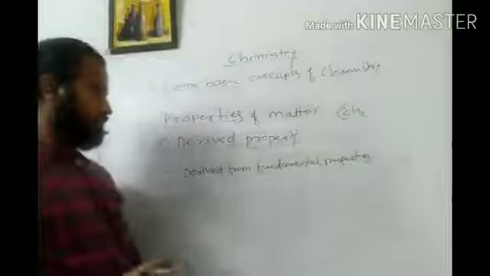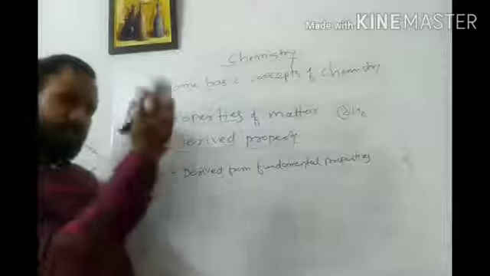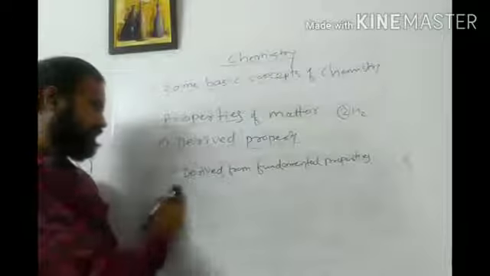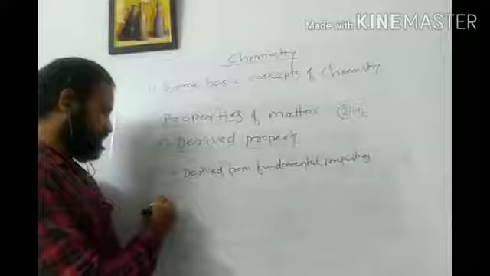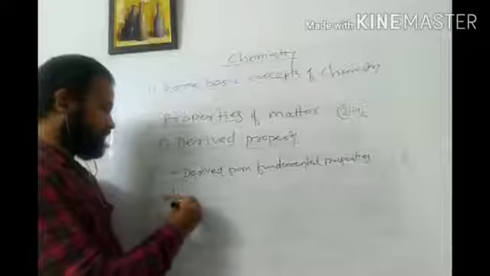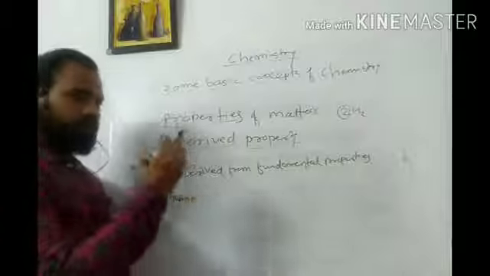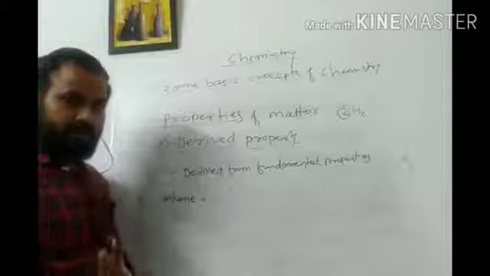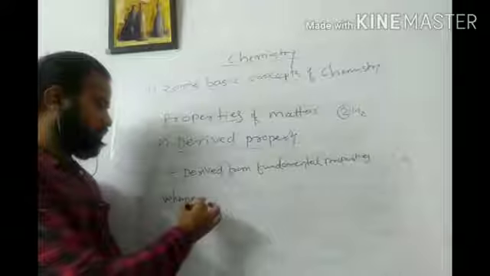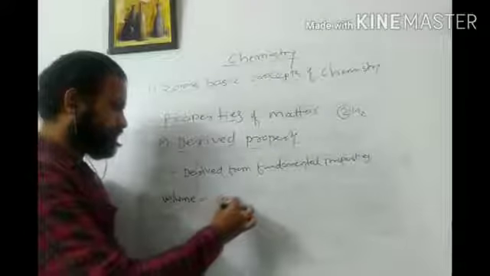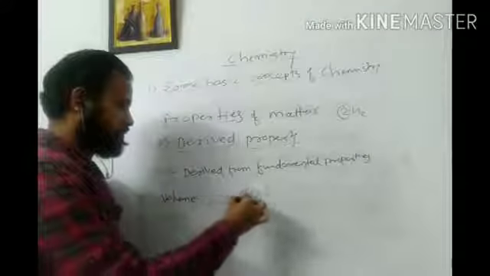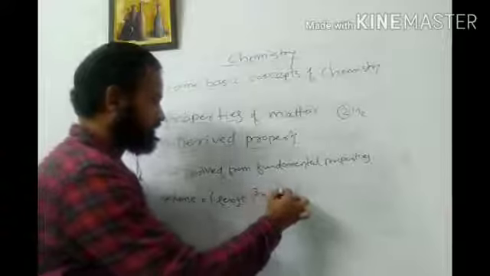Okay, now as I already gave you an example, I will take one more example. For example, if I want to calculate volume, let us say this is your first example. A cube is there having side L, and I am going to calculate the volume. So the formula is length cube, or we commonly call it L cube.